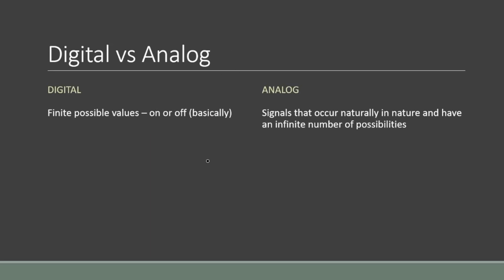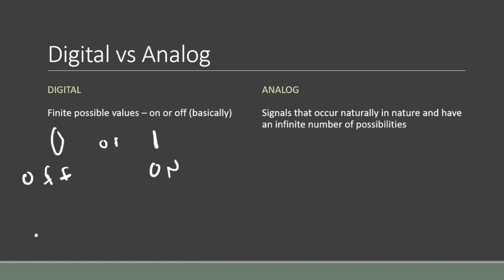All right, now digital versus analog. Another pretty important concept. Digital has a finite number of possibilities. At the level we're at, it's going to have two options. It's going to have either a 0 or a 1. So off for 0, excuse the handwriting, and on for 1.